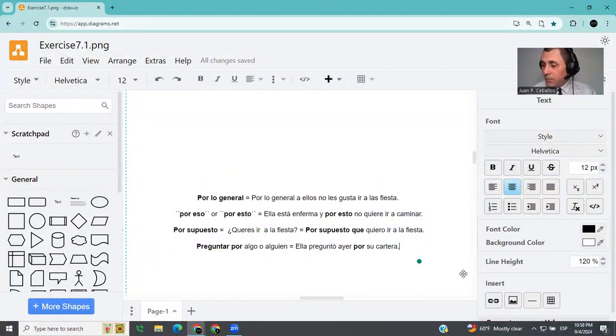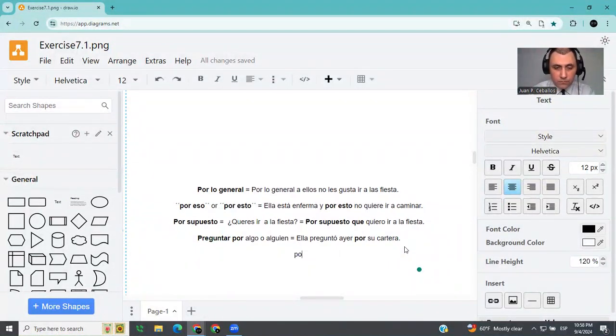Another one that is very common is por lo tanto. And this in English means therefore. An example, ella está enferma, por lo tanto no quiere bailar, let's say.